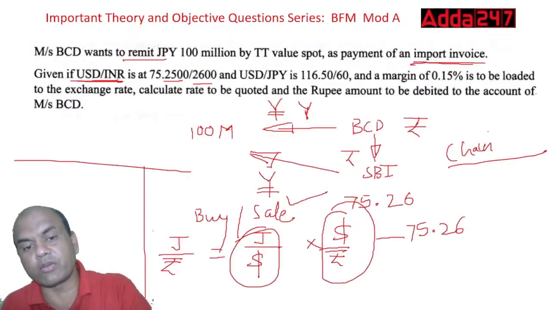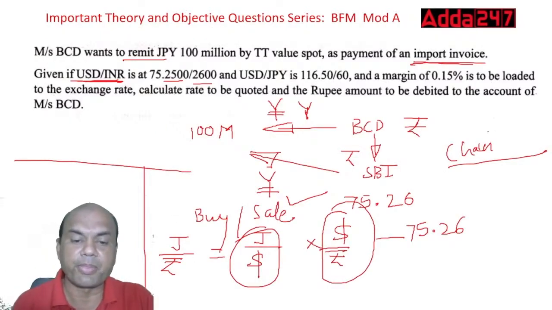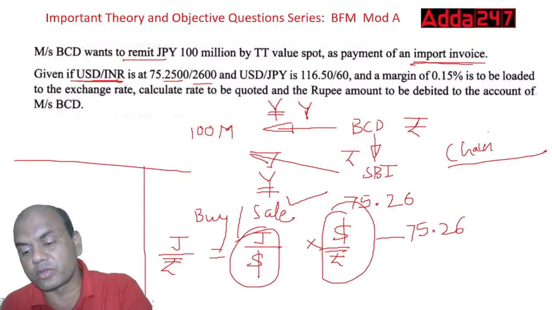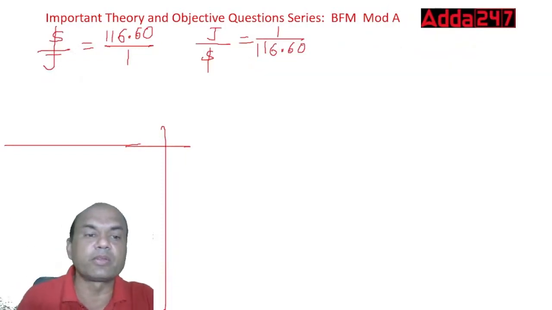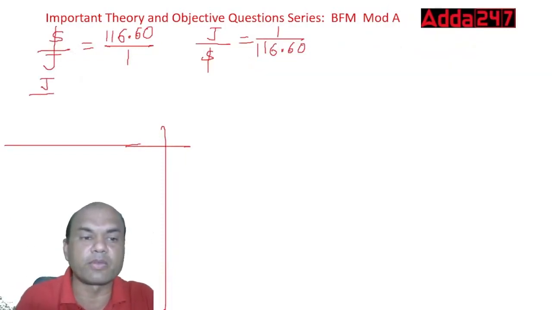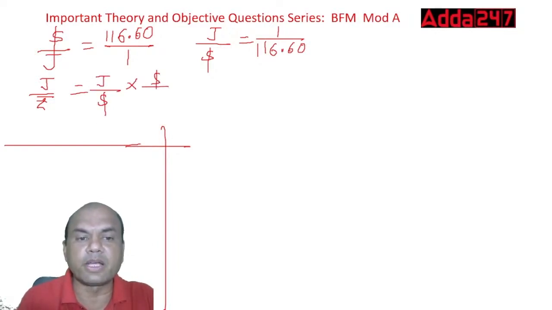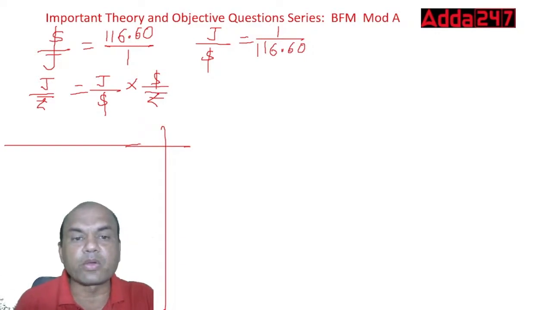Now what do I want? I want JPY to INR. So both the rates I've got now. So now my JPY to INR rate will be, look at this. JPY to INR rate will be, what was that? JPY to dollar into dollar to rupees, right? This is the rate, just now we saw it. So JPY to dollar rate is what?